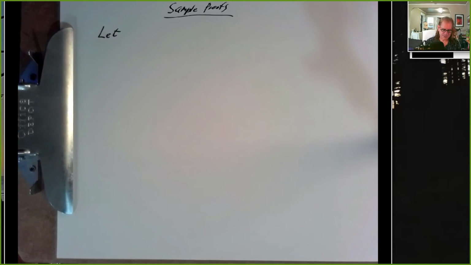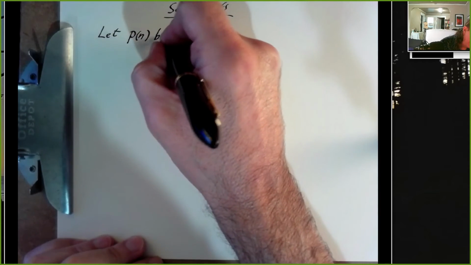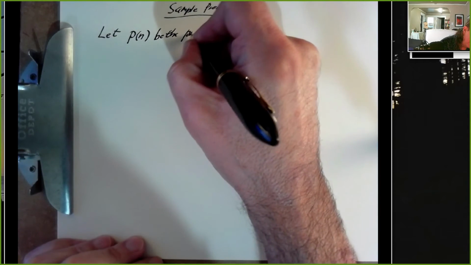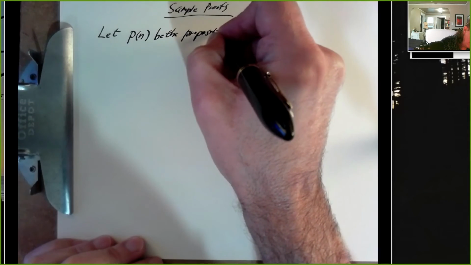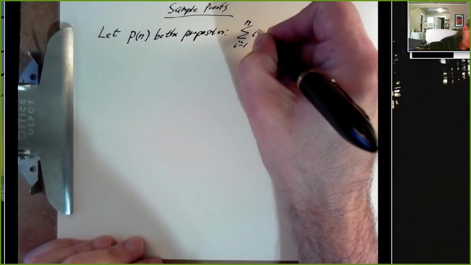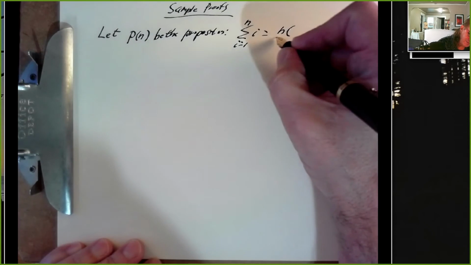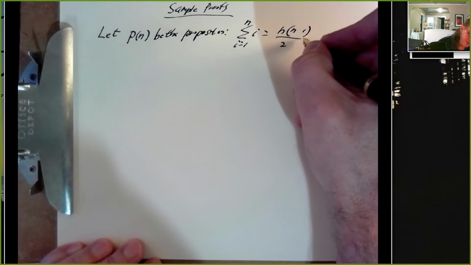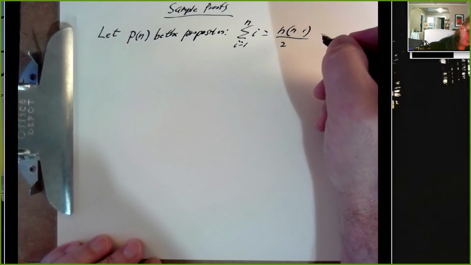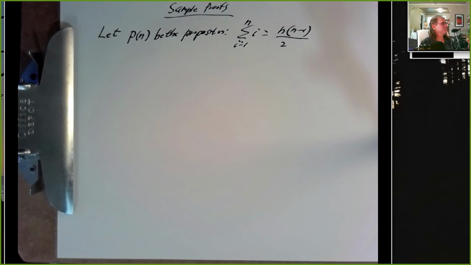All right, so example application, sum of integers. So let P of n be the proposition: the sum from i equals 1 to n of i is equal to n times, and I always have to think whether it's plus or minus, so 1, 2, 3, n times n minus 1 divided by 2.